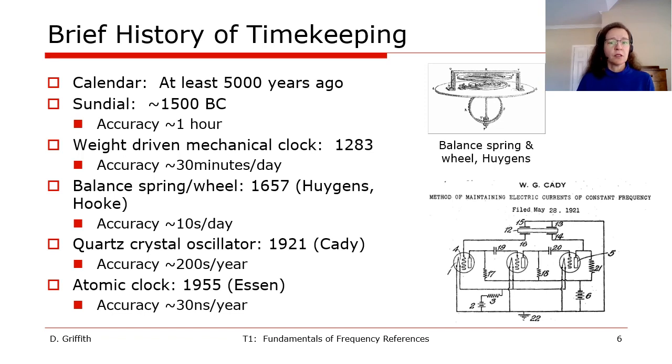Just over 100 years ago, the first quartz crystal oscillator was built, giving an enormous improvement in timekeeping accuracy, taking us to 200 seconds per year. Since then, we've seen 9 orders of magnitude improvement in the accuracy in the last century, which has enabled the technology we take for granted today, including high data rate communication, accurate GPS, and other applications that fill our everyday lives.